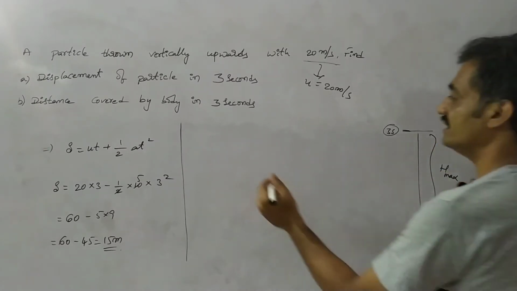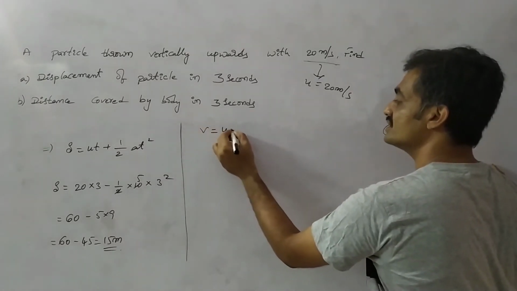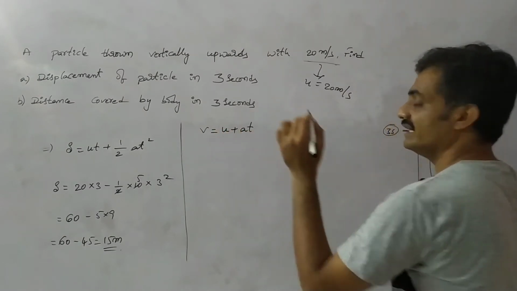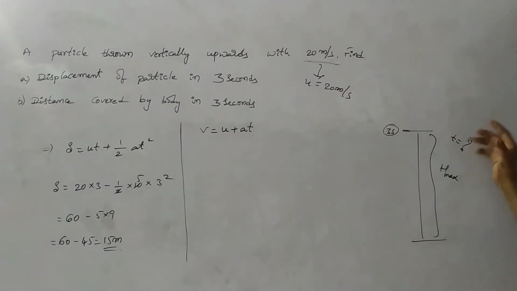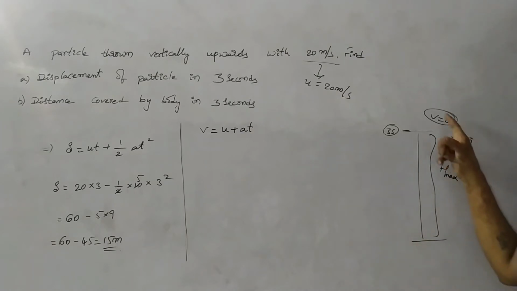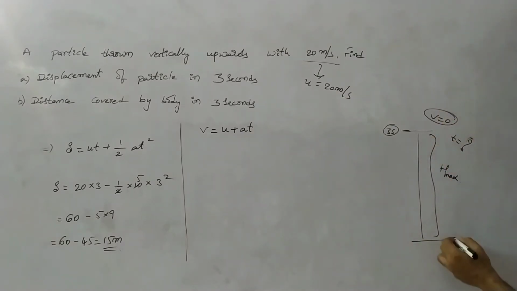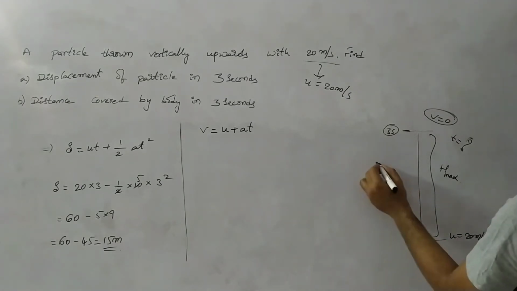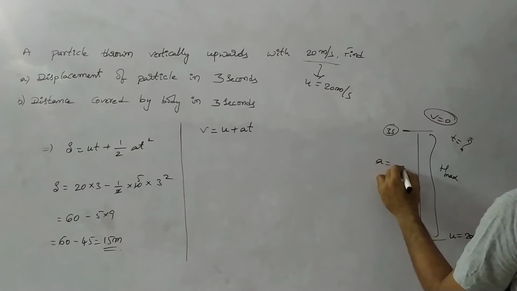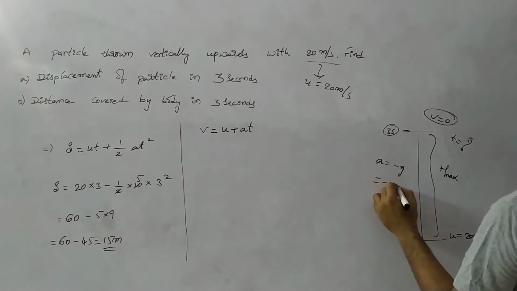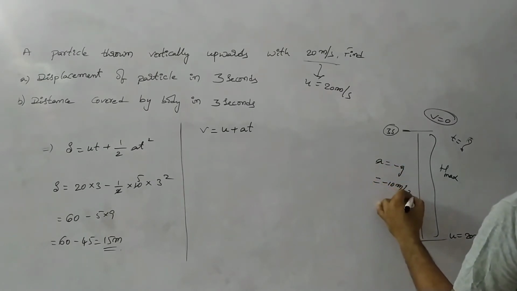In order to find this, let us consider the equation v equals u plus at. At maximum height, the final velocity is 0, and here the initial velocity is 20 meters per second. The acceleration due to gravity is minus g, which is minus 10 meters per second square.